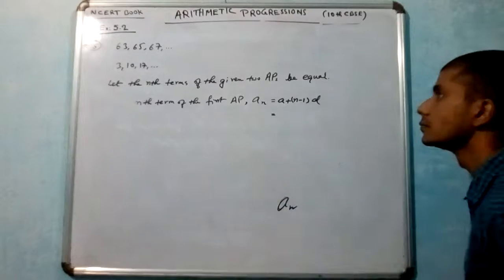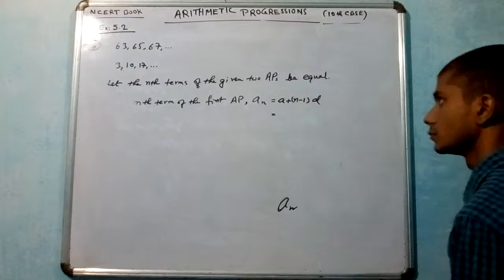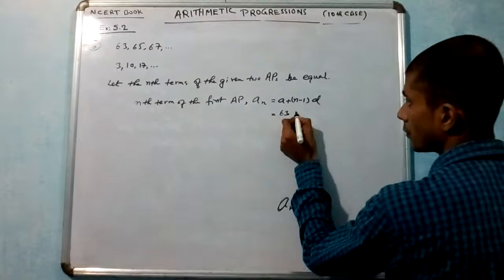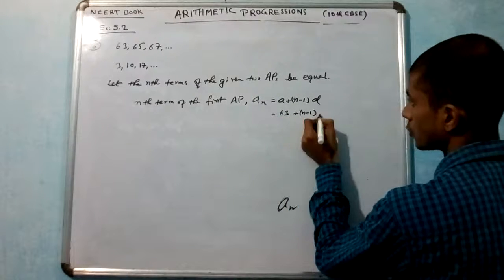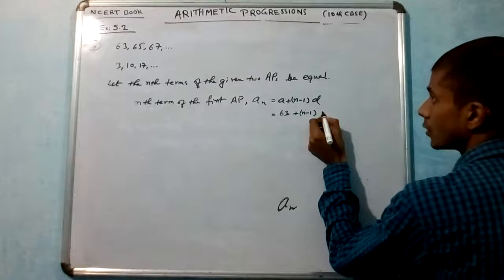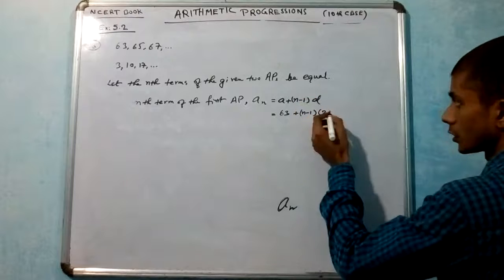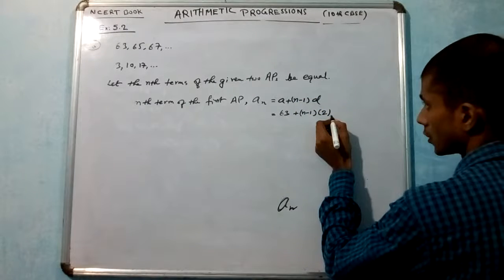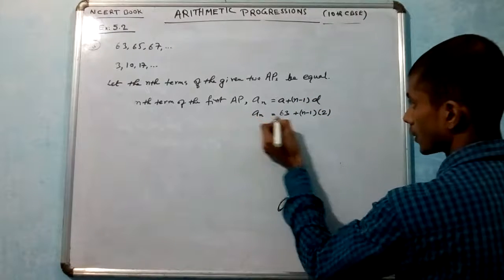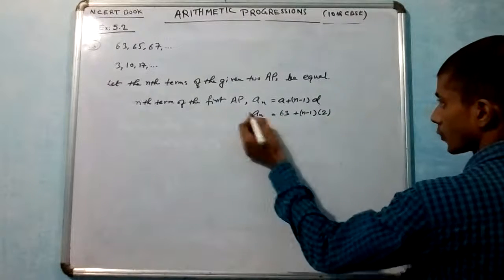Tell me. Correct, plus n minus 1 into d, and d is how much? 2. That we will find, okay? I am not doing all those things. So let this be an, fine. We got this.